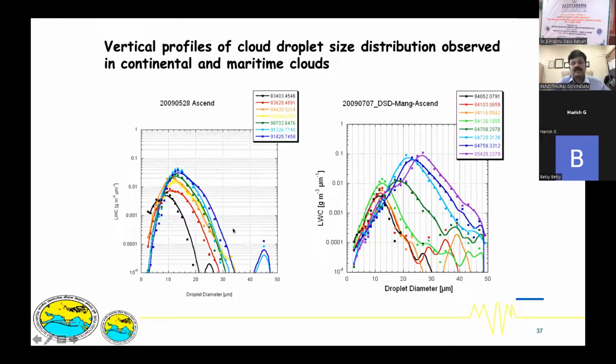So here you can also see how the second indirect effect, like suppression of warm rain initiation, can be clearly seen from these vertical profiles of cloud droplet size distribution.